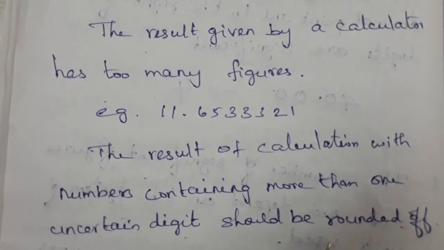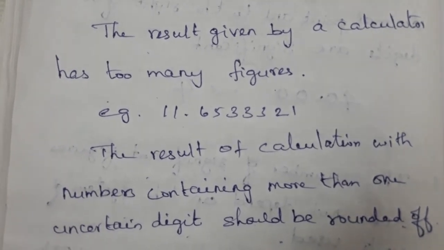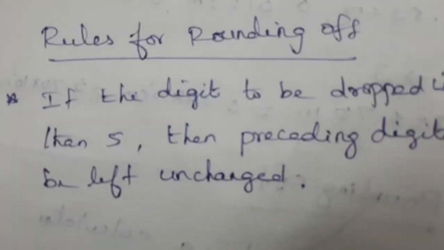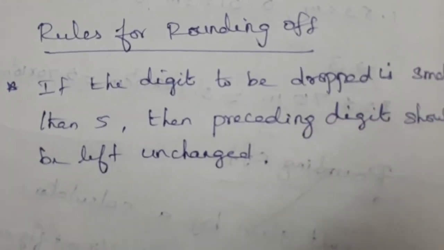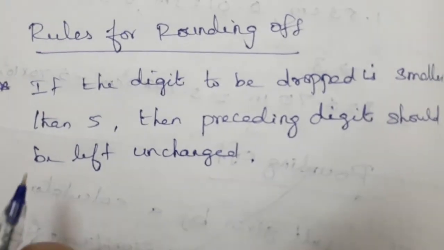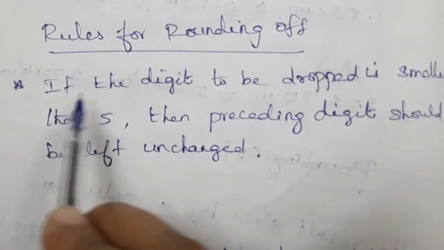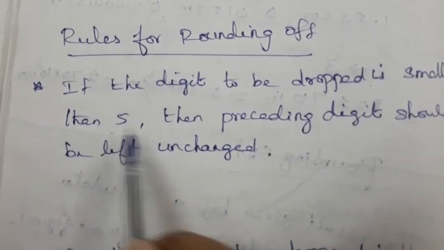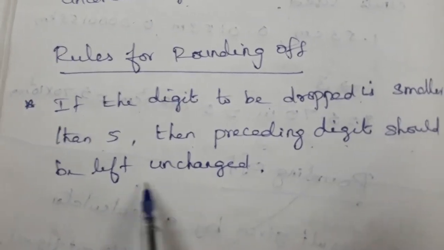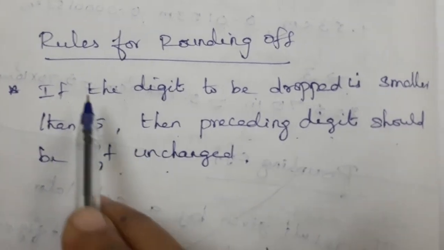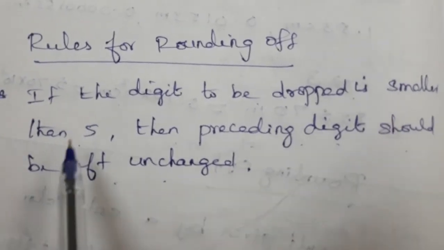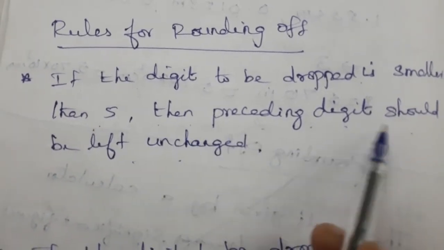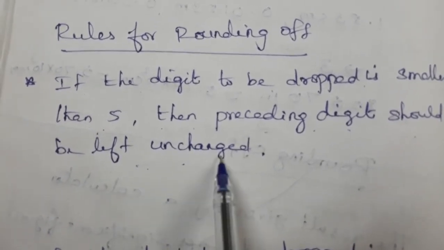There are some rules for rounding off. Let us see the rules. First rule. If the digit to be dropped is smaller than 5, then the preceding digit should be left unchanged.